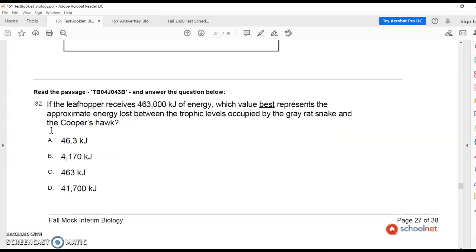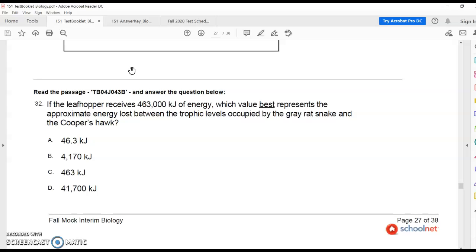Now, 32 is tricky. We do remember that 10% rule, and so you might automatically think that it needs to be 10%. However, you do need to do a couple of calculations. And so what you need to do for 32 is the leafhopper receives 463,000 kilojoules of energy.